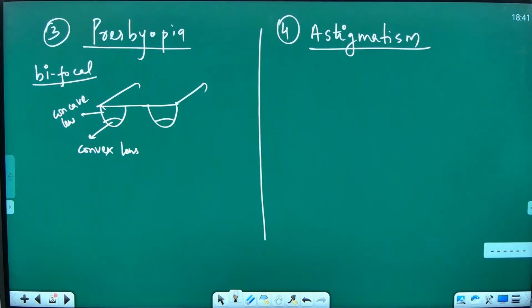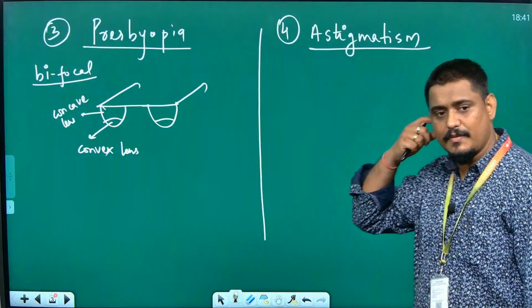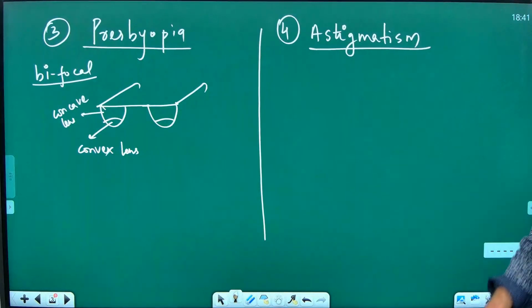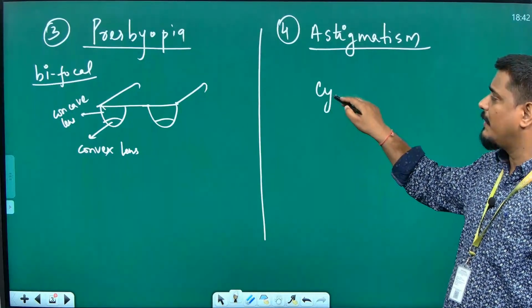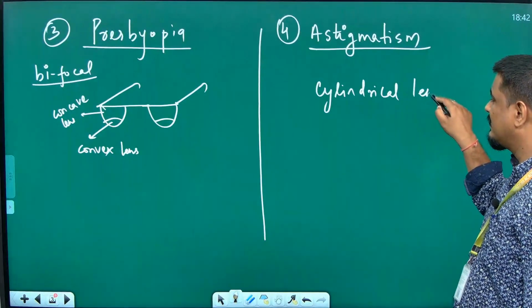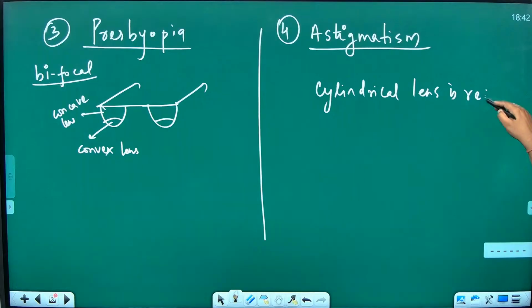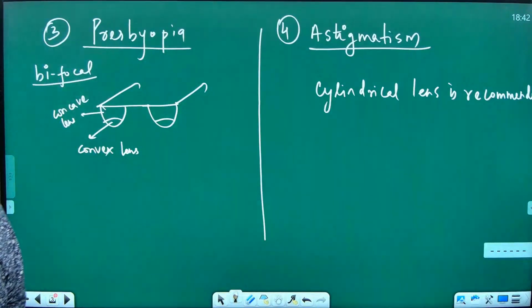In the next paragraph, write: cylindrical lens is recommended for correction. Clear?